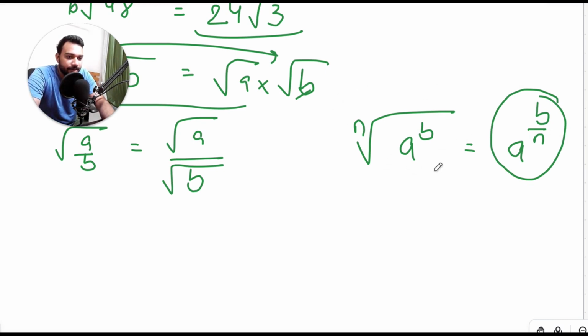I don't think any other rules in radicals are left. The best simplification you can do for a radical is to understand that a radical is nothing but a different kind of representation of the same exponent function. The only difference being that radical expressions have fractional powers. That's why they're called radical expressions.